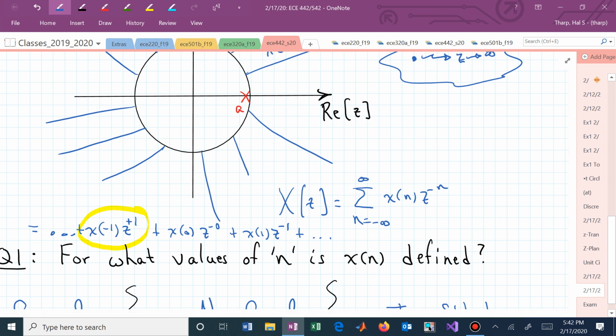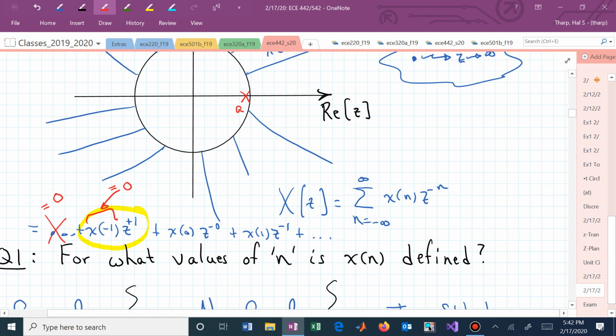That forces all of these sequence values to be equal to 0. It forces all of those to the left to have coefficients that are scaling these positive powers of z. X of minus 1 gets scaled by z. X of minus 2 gets scaled by z squared. All of those have to be bounded, which says their coefficients, the weightings, must be 0.